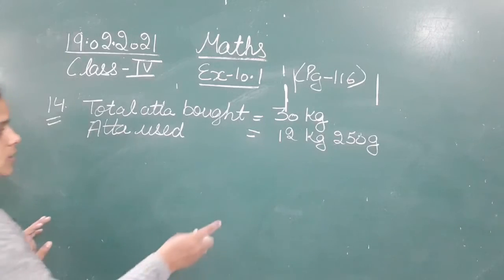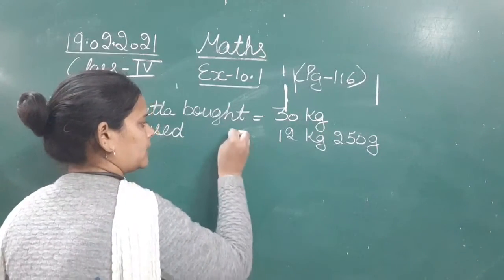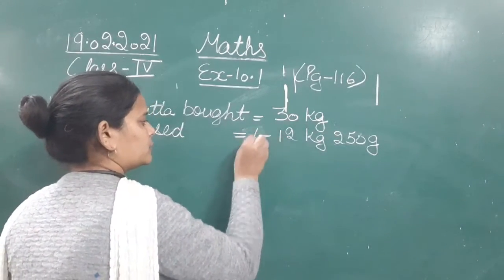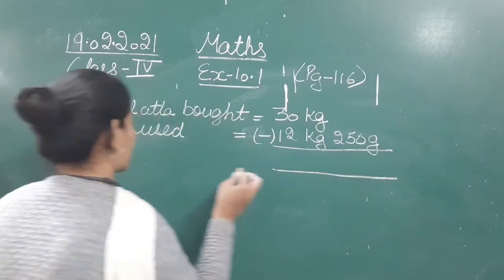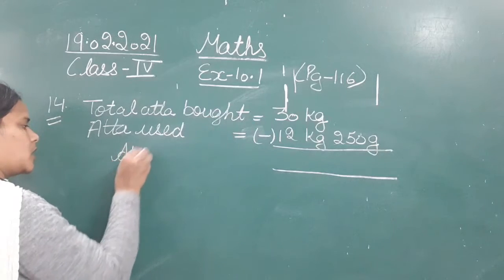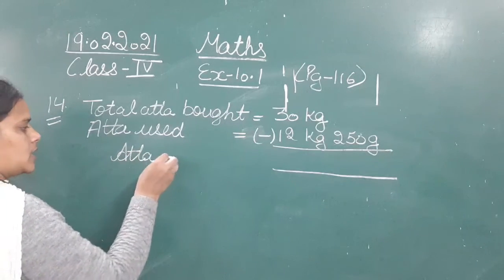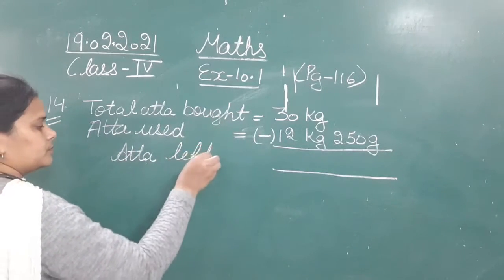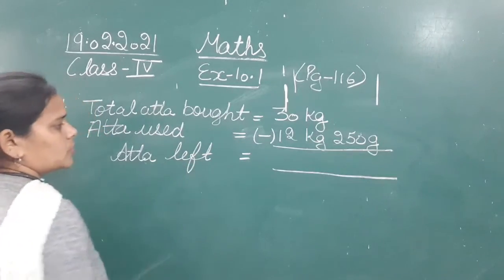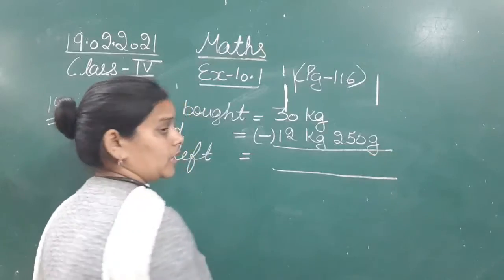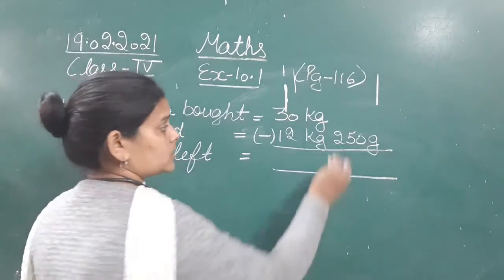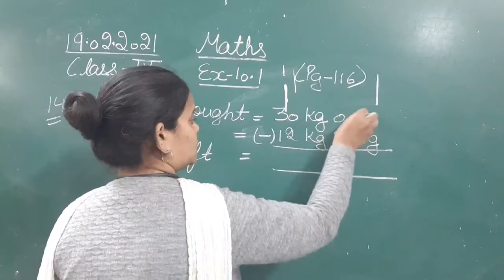For finding out the left out atta, we will do the subtraction. Now we need to find out atta left. As we can see here we are not having anything in the grams, so we will simply put 3 zeros here.